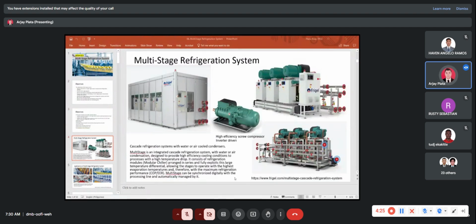Yeah, this is another example of a multi-stage refrigeration system that can be purchased commercially. So this one, I think this is Frigel cascade refrigeration system.